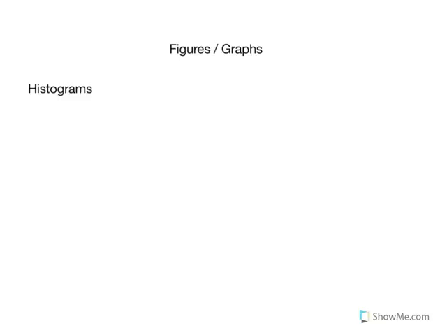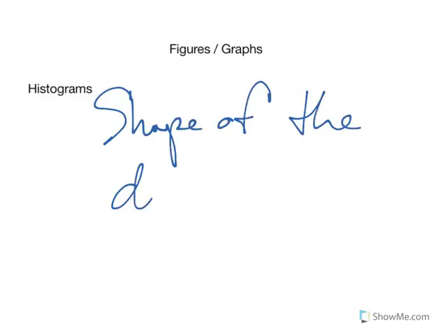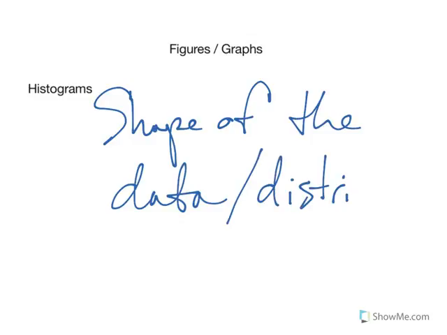Now, one of the reasons why we use frequency histograms is it allows us to see the shape of the data, or the shape of the distribution. And this is really useful because it allows us to see, is everybody scoring at one end of the distribution?